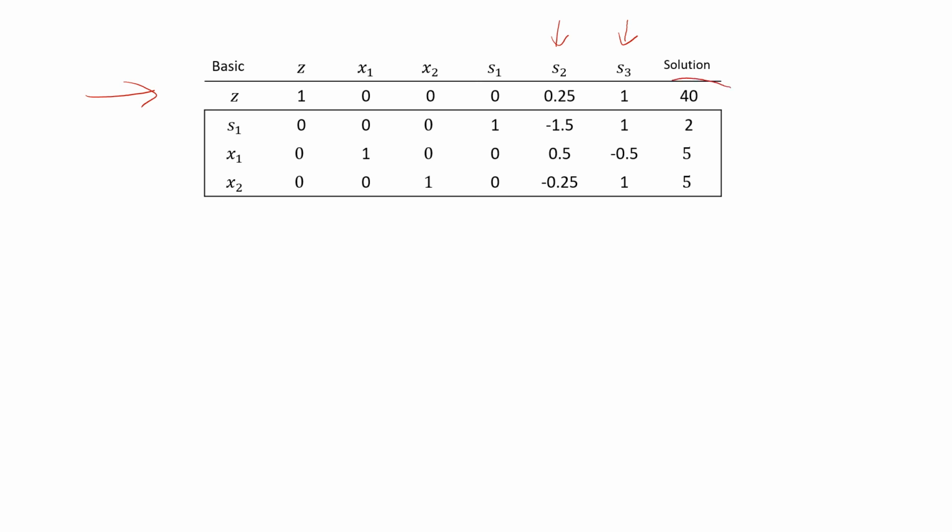At this point, what do we have? We have a solution equal to 40. We have S1 equal to 2. We have X1 equal to 5. X2 equal to 5. And if you recall from our graph, when we solved this last time, we said X1 equals 5, X2 equals 5, and Z equals 40 was our solution.